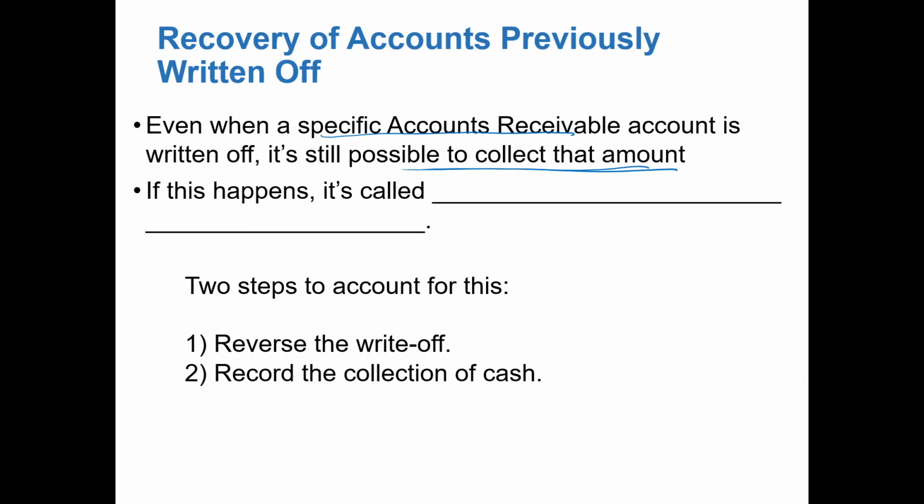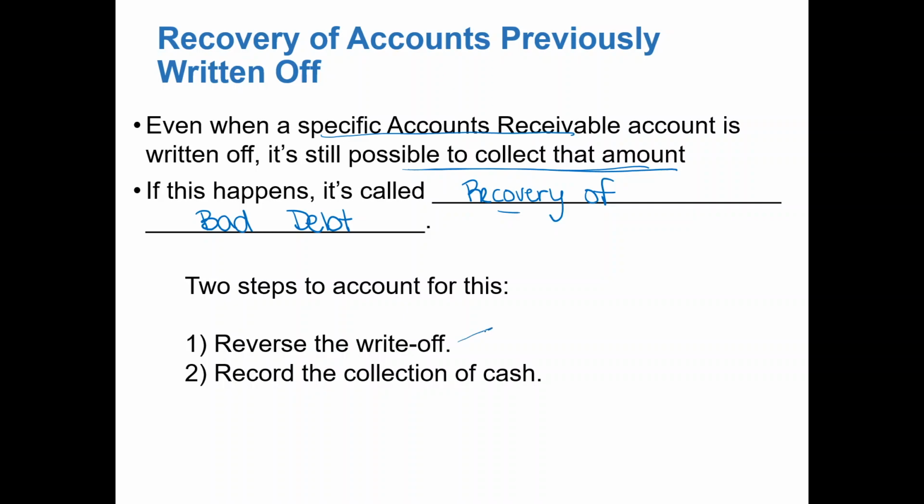So if you've written something off and then you later collect it, this is called a recovery of bad debts. Because you thought that amount was a bad debt and you wouldn't be able to collect it, but now you've recovered that amount. And the way that we record this is in 2 steps.